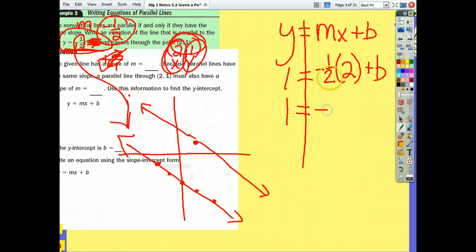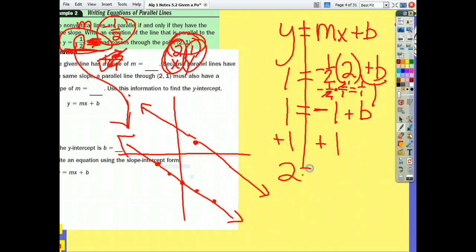A -1/2 times, those are easy, 2/1. What's it? They cancel out. I get 1/1, which equals 1. So a -1, bring down your plus b. Now what do I do to both sides? Plus 1 to both sides. 2 equals b. There's the first part.